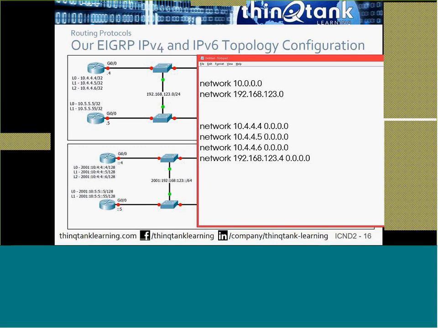See what I'm saying? Is there a reason to run EIGRP on the loopbacks? If I want them to show up in the routing table, yes. Otherwise, they won't. Do I need passive interface on router 4? I don't technically need it.